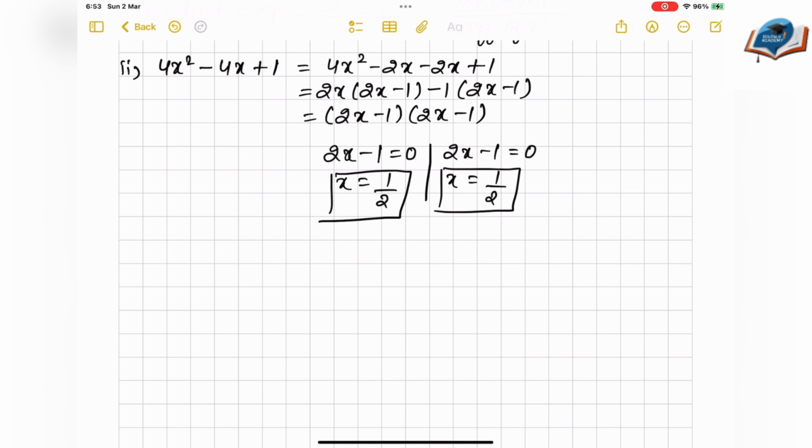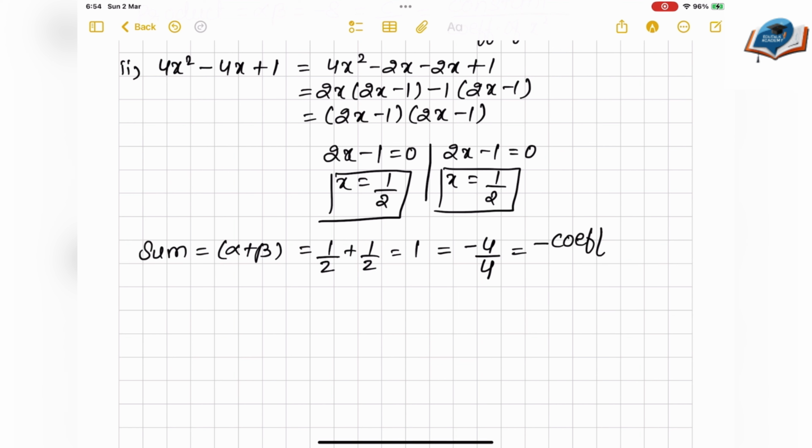So sum will be alpha plus beta, that is equal to half plus half, that is 1, which is equal to minus 4 by 4, which is equal to minus coefficient of x upon coefficient of x square.